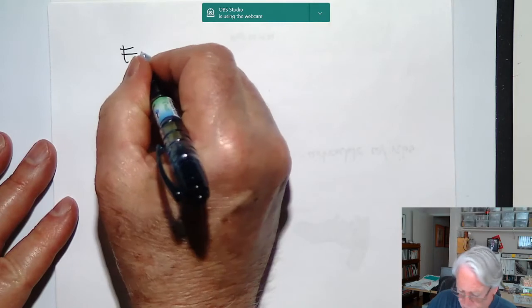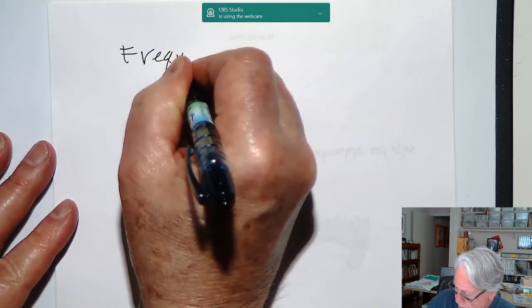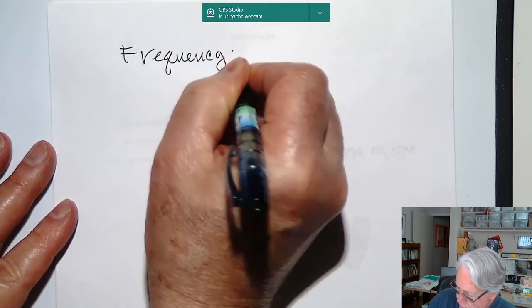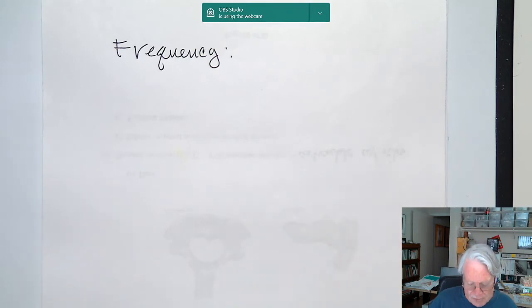So frequency. All right, to understand this idea of frequency, or this factor of frequency, we're going to break it down and look at some beginning initial sort of stimuli, and then we'll put it together into a larger picture.